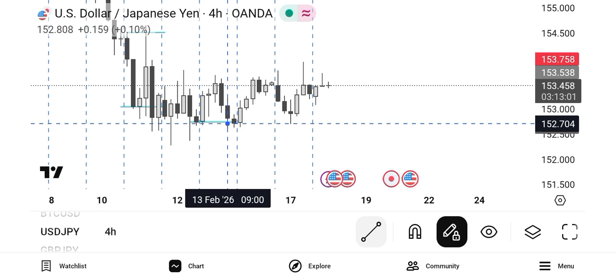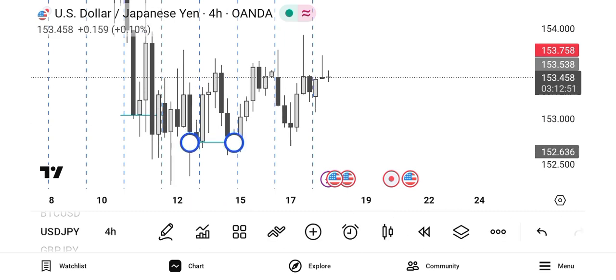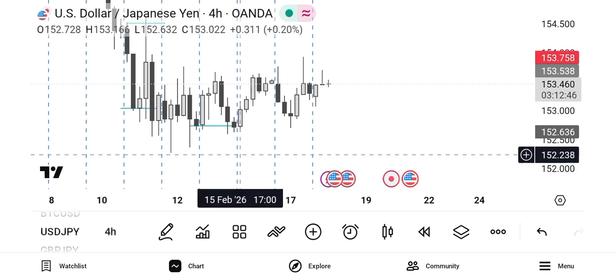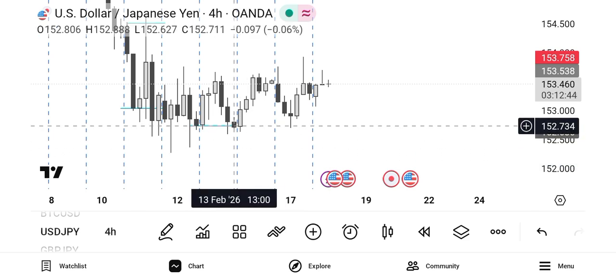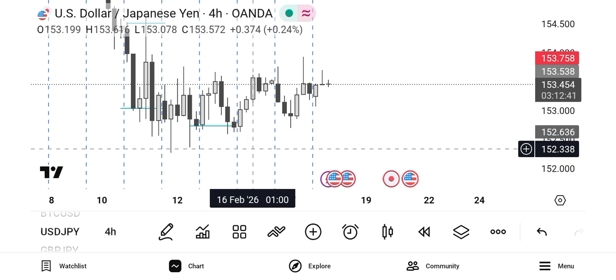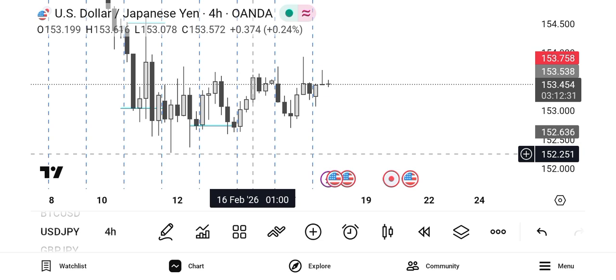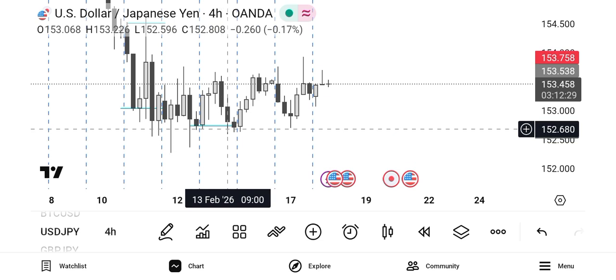That was our first rejection block, though that was not my entry. Many will be like, why not here? I could have entered on this rejection block and this order block, but the reason is that by the time I found this setup, it had already reached this point of interest.